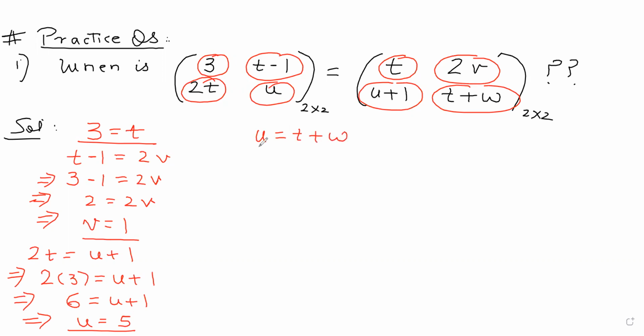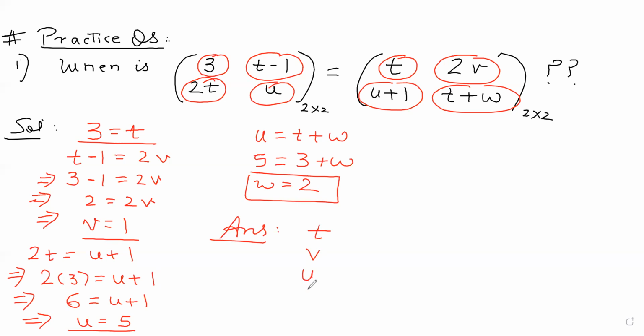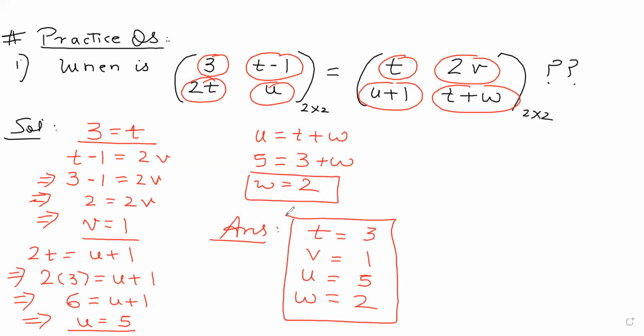What is u? 5. What is t? 3. So what will the value of w be? 2. So the answer for this question is t should be equal to 3, v should be 1, u should be 5 and w should be 2. So hoping students have understood this.